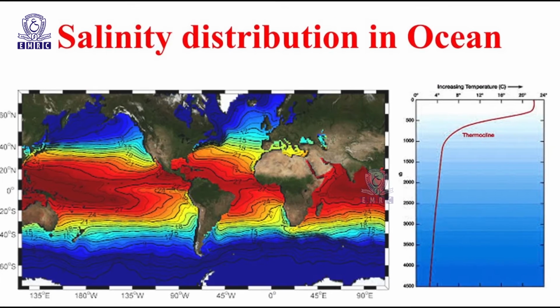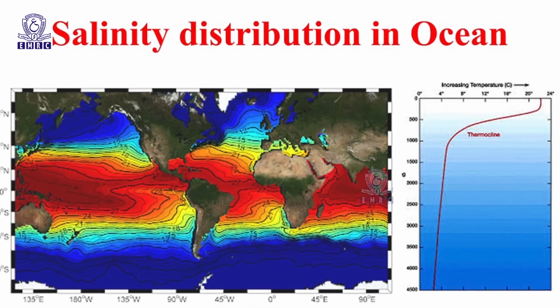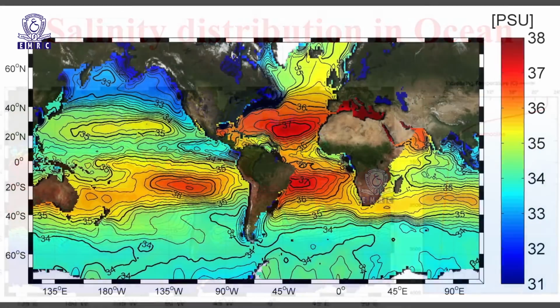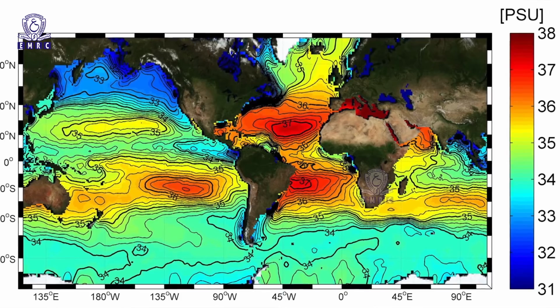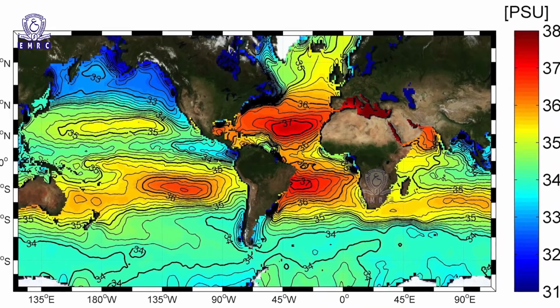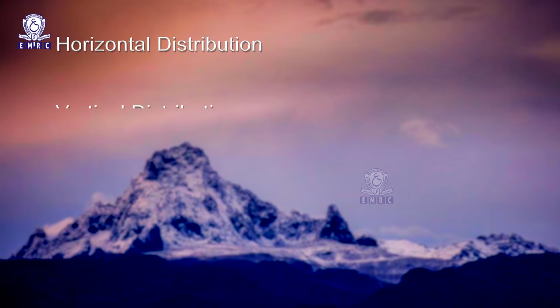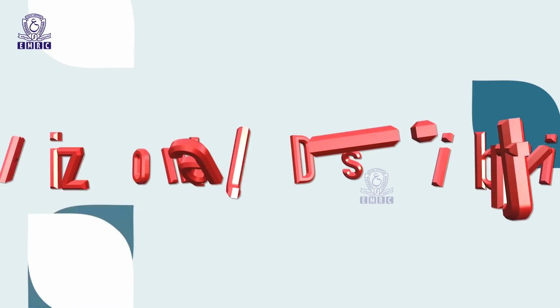The variation in salinity is both horizontal and vertical with depth. Salinity also varies from enclosed seas through partially closed seas to open seas. Thus, the spatial distribution of salinity is studied in two ways: horizontal distribution and vertical distribution.